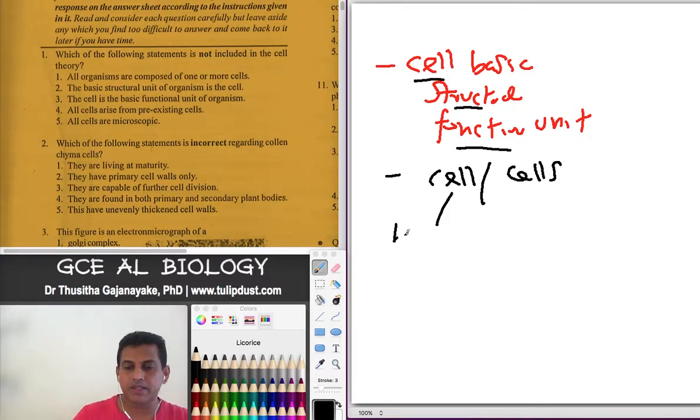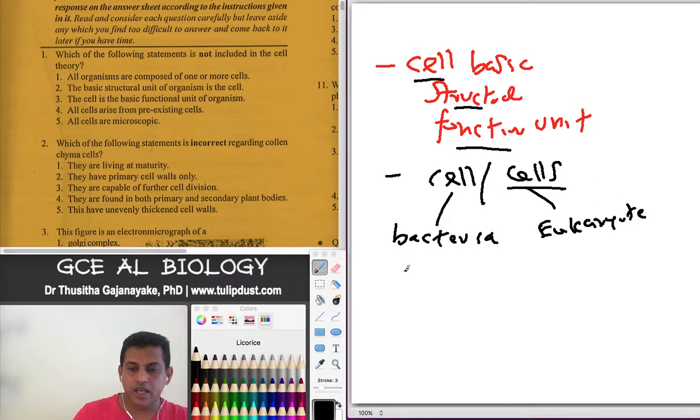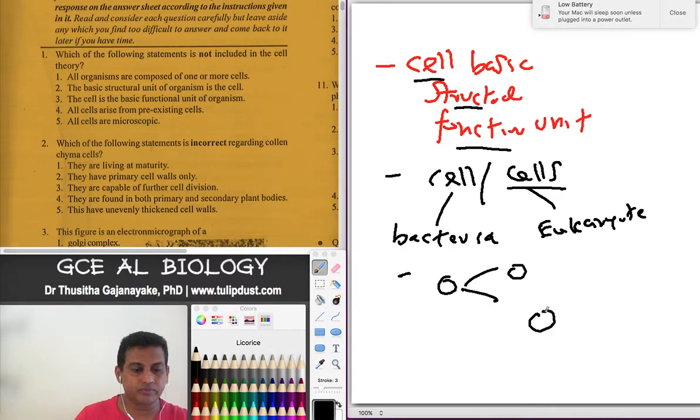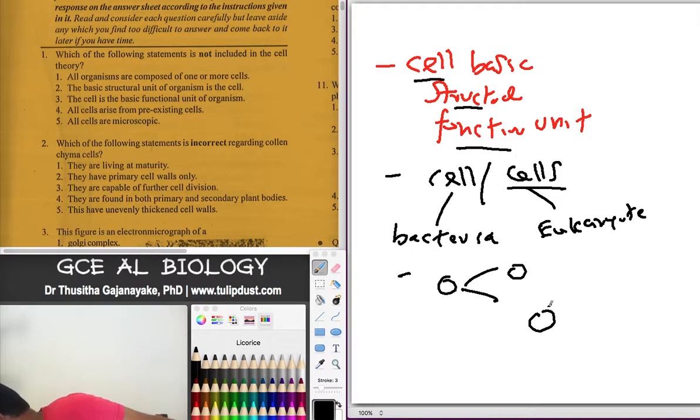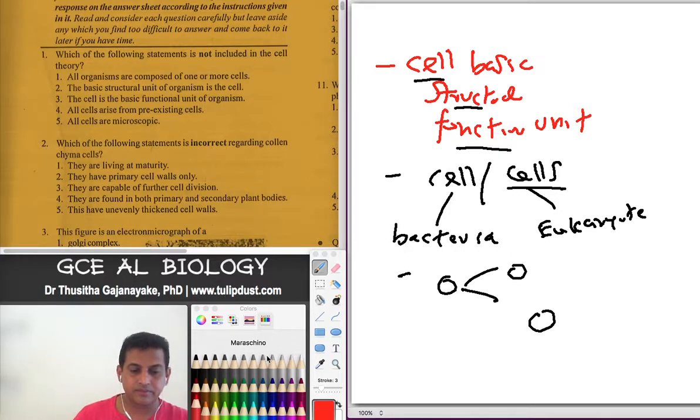For example, bacteria are one cell, but in other eukaryotes we have many cells. And the cell comes from a pre-existing cell.